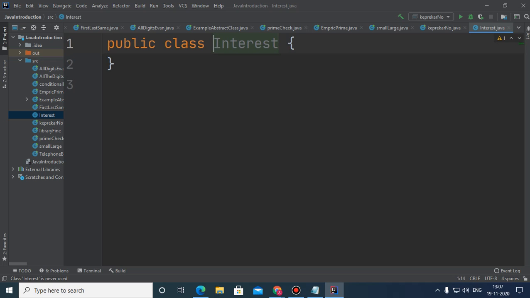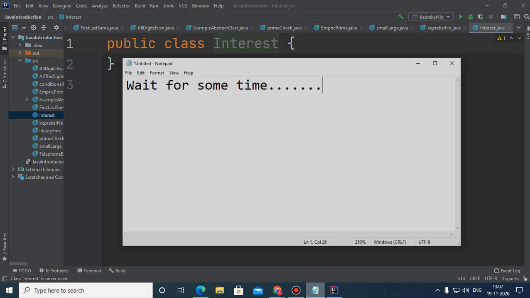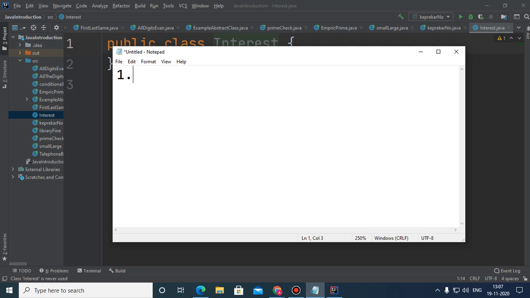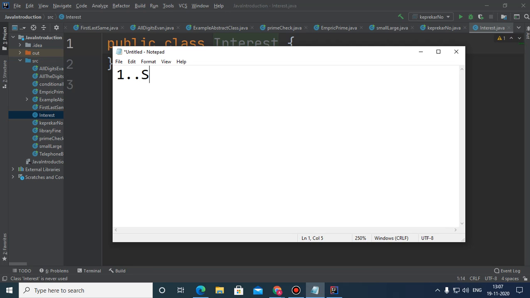The name of the class is Interest, and in this the first menu is for simple interest, and the second is compound interest. These are the two options which are there.